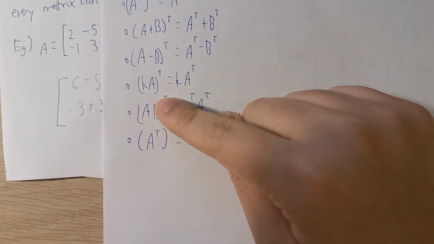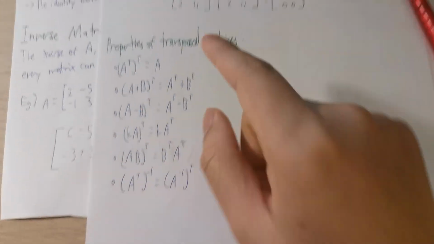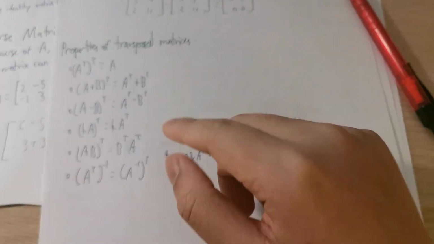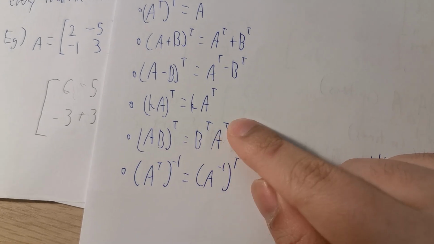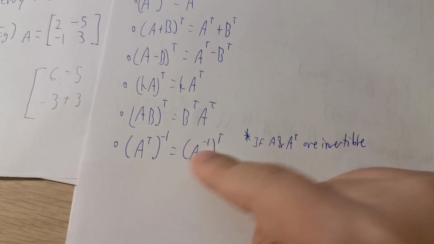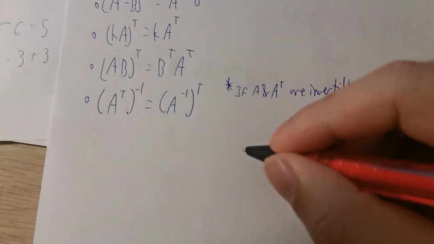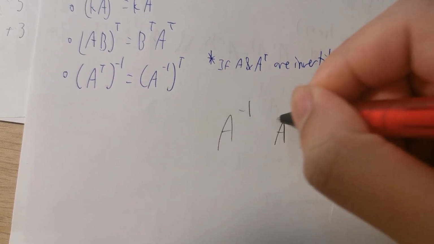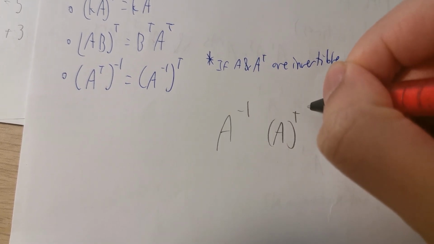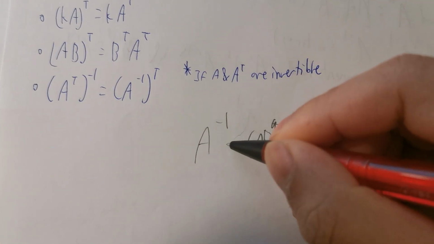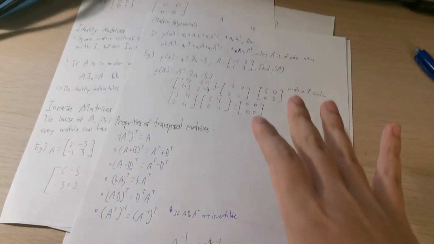If you have AB flipped, then you actually have to swap it, because AB doesn't equal BA, so this will be B flip, A flip. And if you have the inverse, it can go in whatever order, which means that if A has an inverse, A transpose also has an inverse. All right, so that's everything.